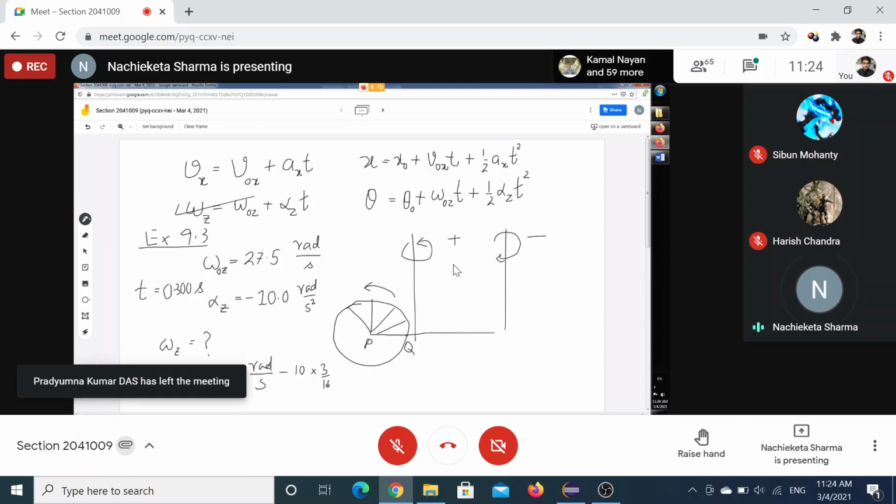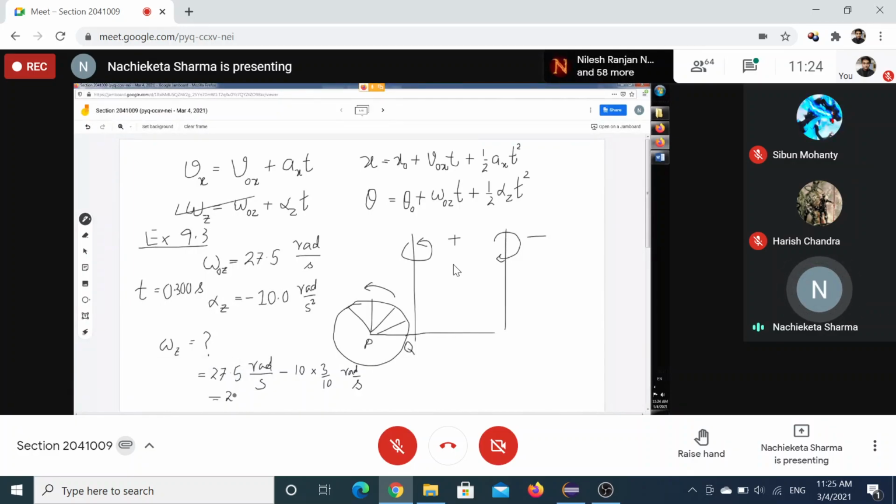So the 10 gets cancelled. The unit becomes radian per second, because radian per second square into second is radian per second. So finally your omega z will be 24.5 radian per second.